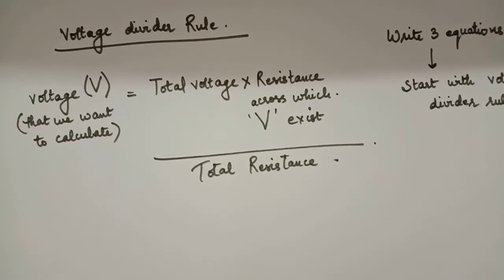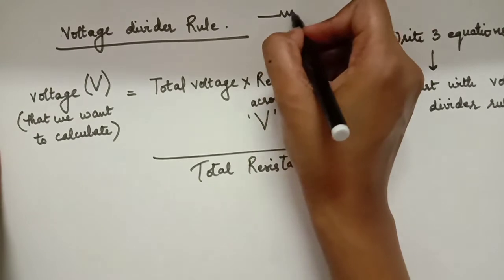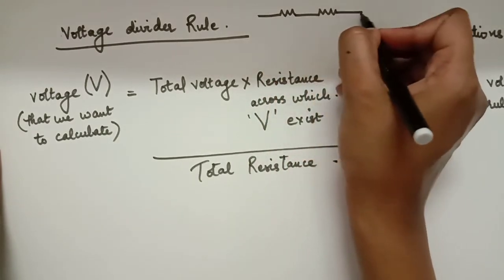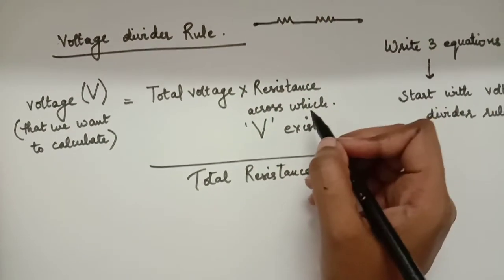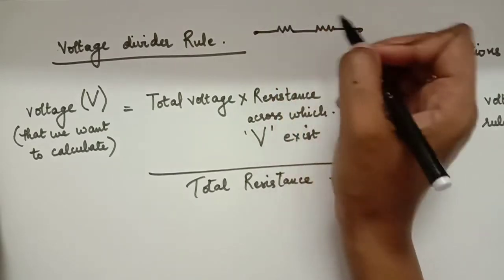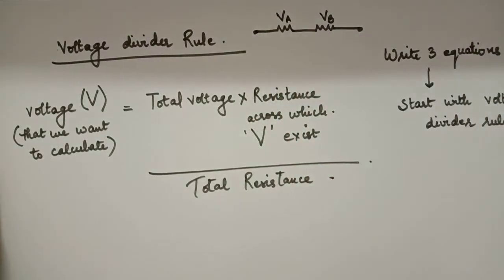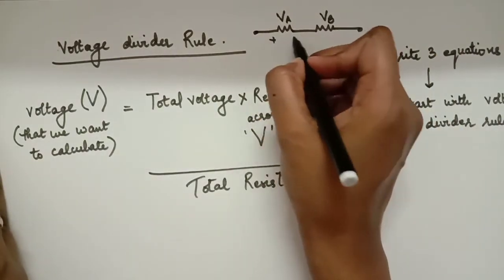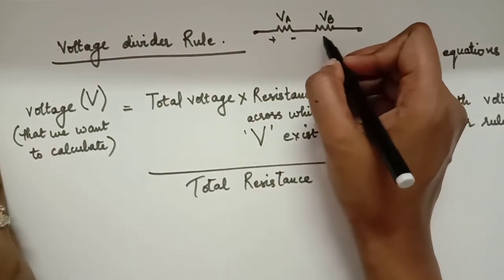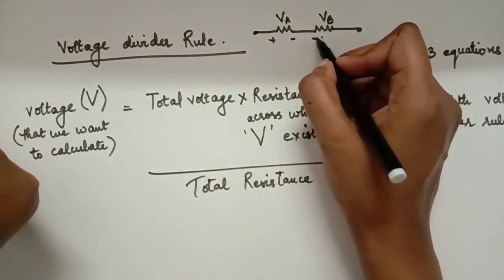Because we know that in series the current is the same but the voltages are different. So if we need to calculate the voltage across only one of the resistances, see, these are two resistances in series, but the voltages will be different in both. Let the voltage in the first resistance be VA and in the second resistance be VB.